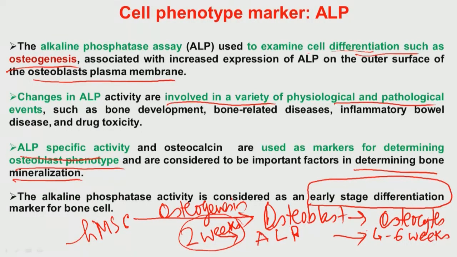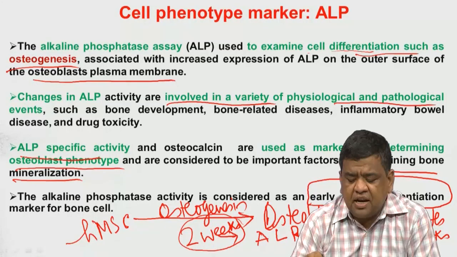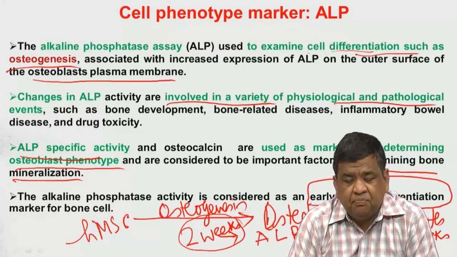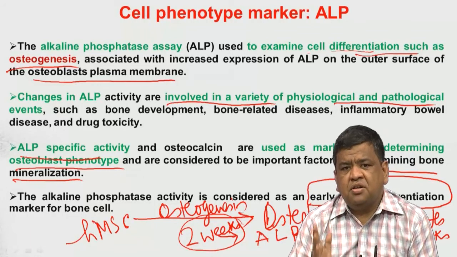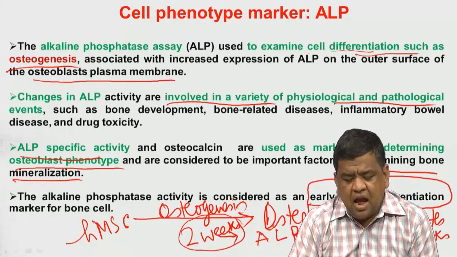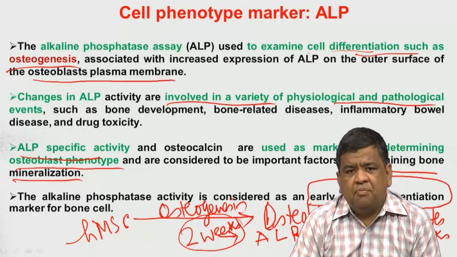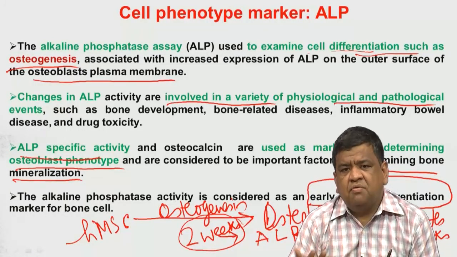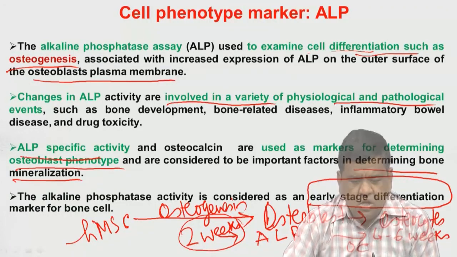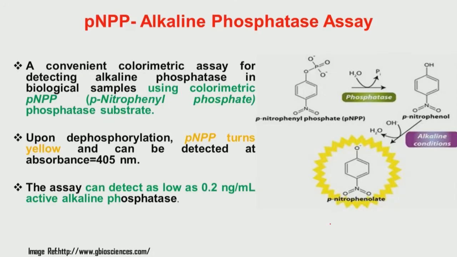Later, after the cells go from pre-osteoblast to mature osteoblast and finally osteocytes, you see the expression of osteocalcin, which is a late differentiation marker. So, the progress of differentiation is to be assessed by 2 or 3 different markers, and these complementary assays will give you some quantification of how the differentiation process is taking place at different time points in culture.